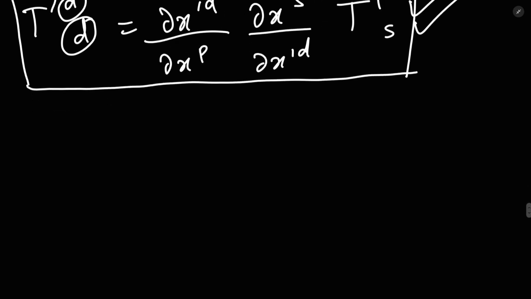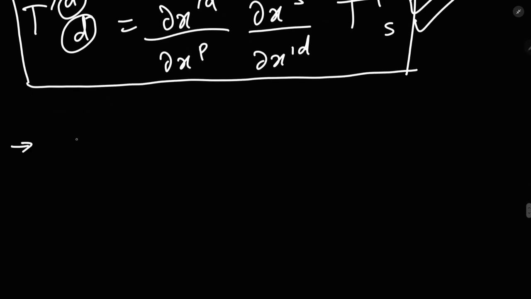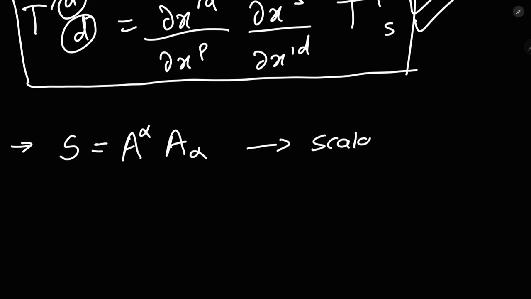A result of this contraction is that if we have a quantity A_alpha A^alpha, then this is a scalar, because A^alpha is a rank 1 contravariant tensor and A_alpha is a rank 1 covariant tensor, and we are contracting this index alpha.